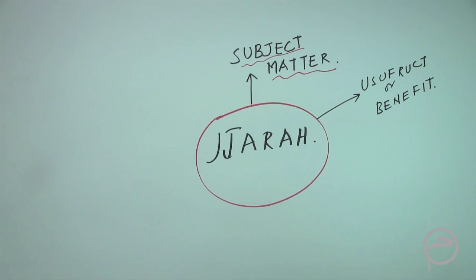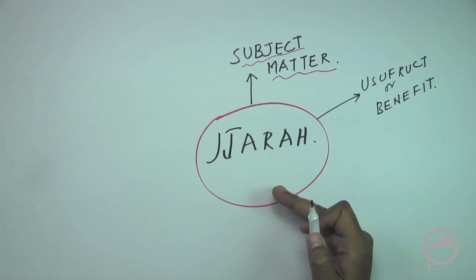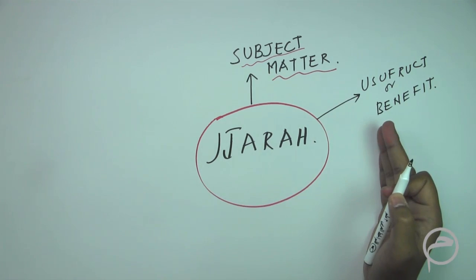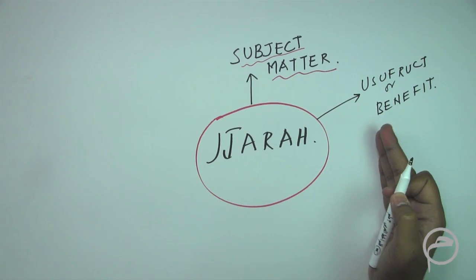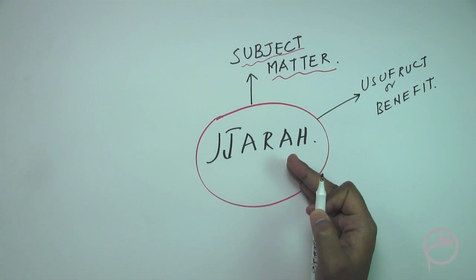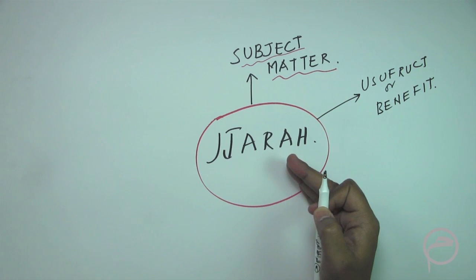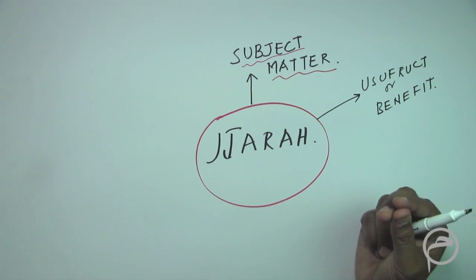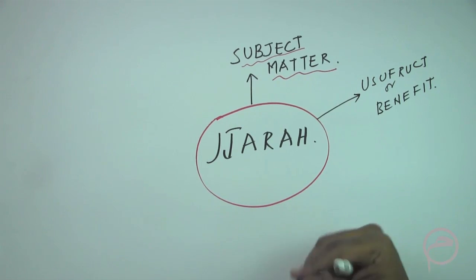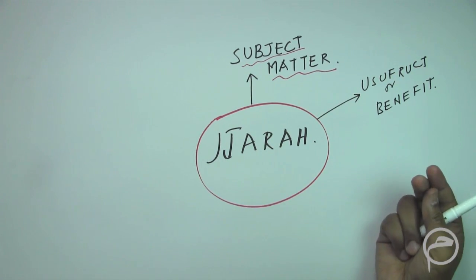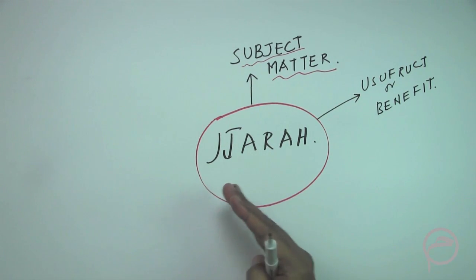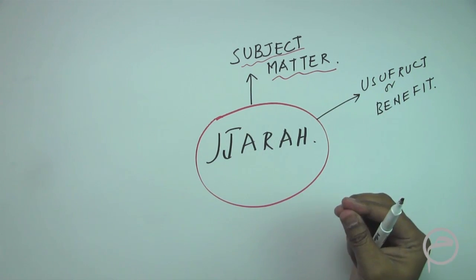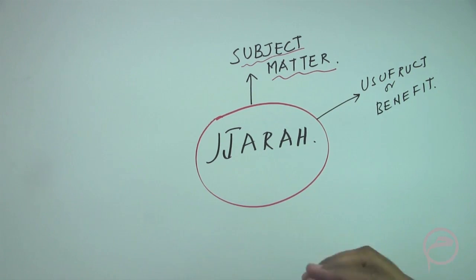So basically, the usufruct which is passed by the lessor to the lessee, after receiving the consideration in the form of lease or the rental, that usufruct is an important feature. So this usufruct needs to be properly transferred by the lessor. This usufruct, that is the benefit which is to be derived from the asset, first of all needs to exist in the asset.